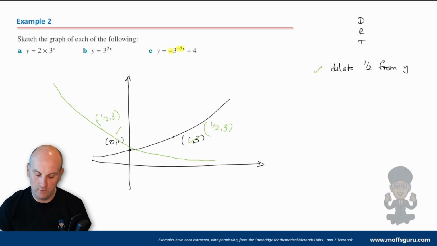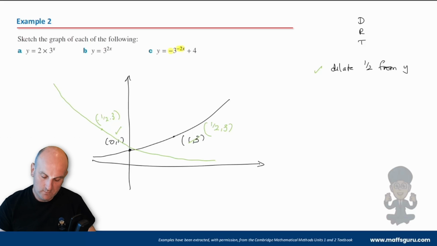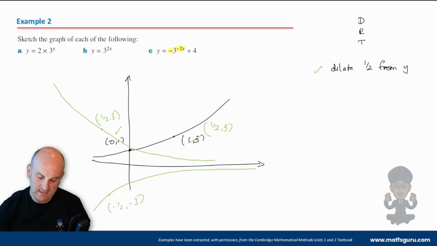But that point still stays as 0, 1. And then I'm going to reflect that in the x-axis, which means that my graph is now going to do something like that, which means that this point here becomes -0.5, -3. And that point there becomes 0, -1. Again, notice how I'm building it up. I can use different colors. I can use pencil. In fact, you'd be advised to use pencil.